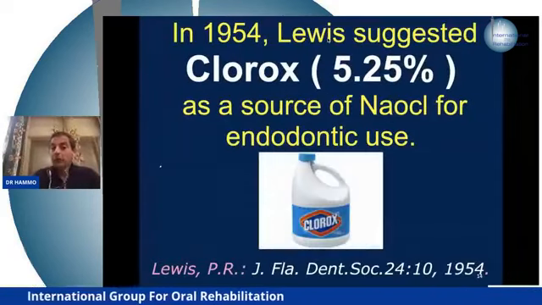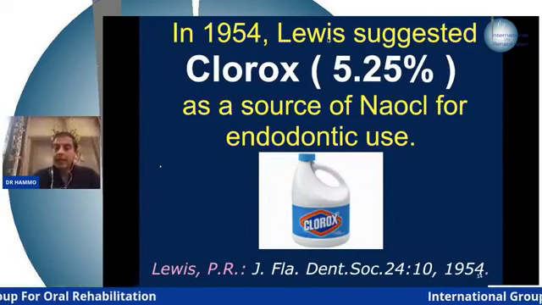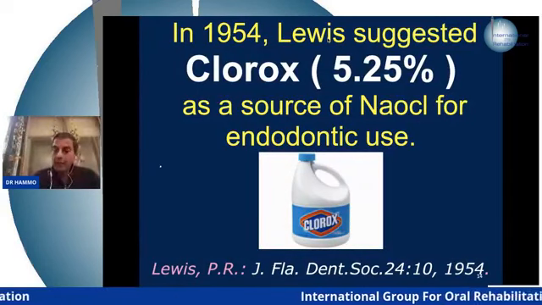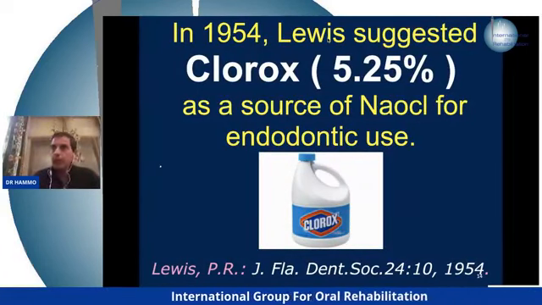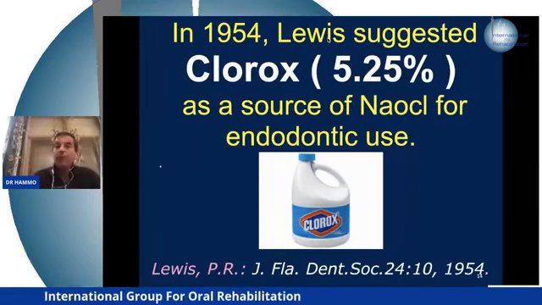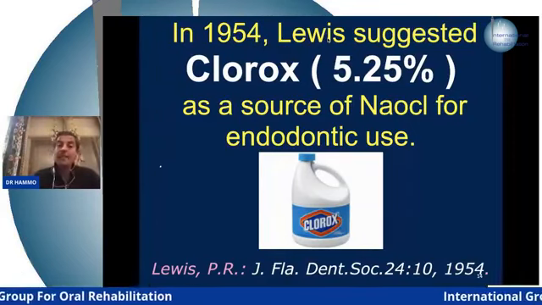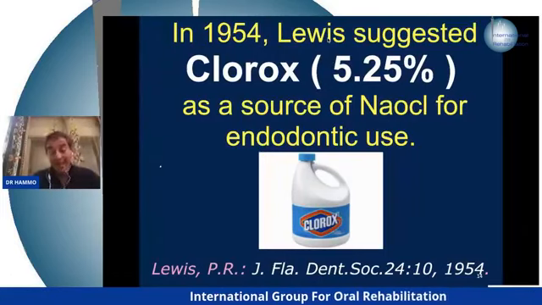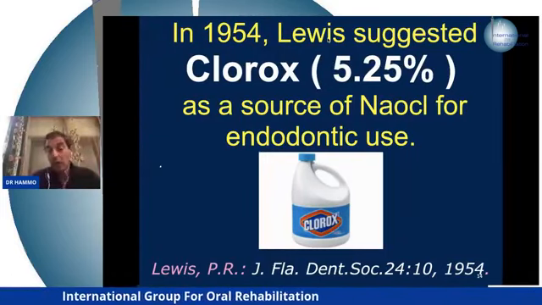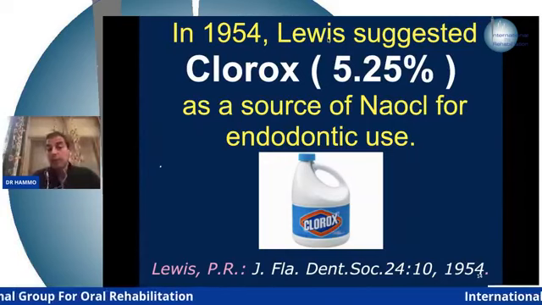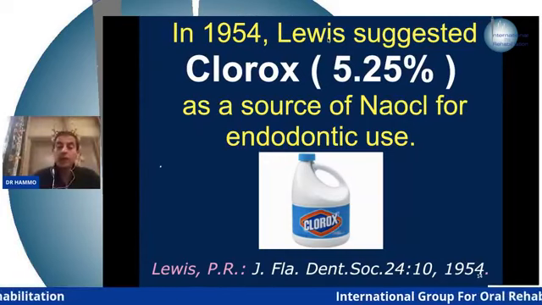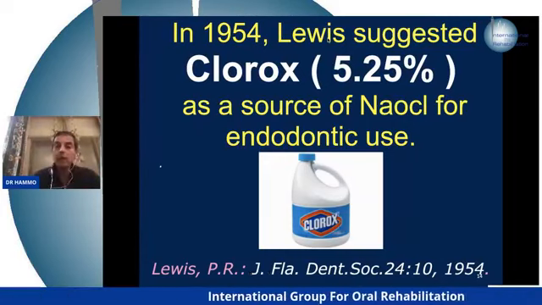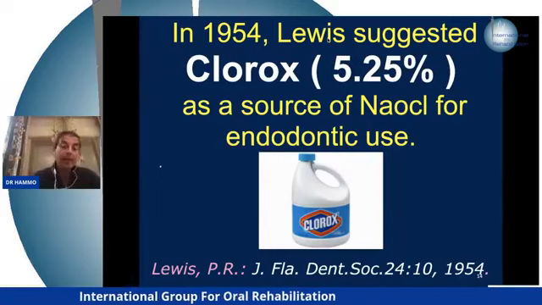In 1954, Lewis suggested we can use Clorox, the bleaching material which we use in our homes, 5.25% as a source of sodium hypochlorite for endodontic use. Until this moment, we are using Clorox. We buy it from supermarkets, take it to our clinics, and use it directly inside the root canal.